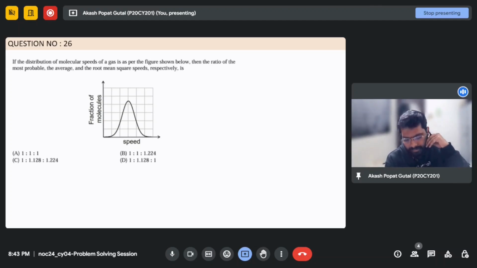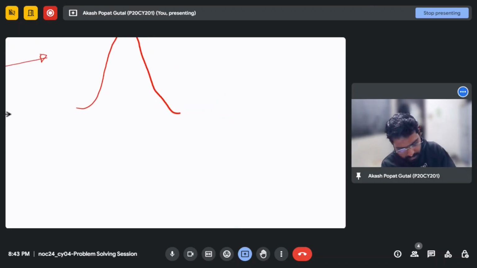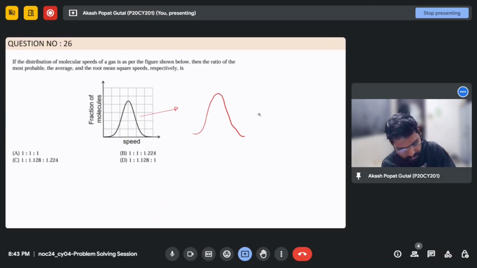As we can see in this question, the distribution that we have for the speeds is exactly a bell curve, which comprises an exponential of alpha square. It's exactly a Gaussian distribution.